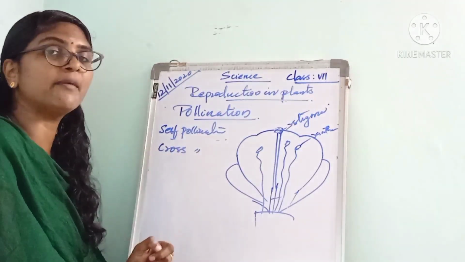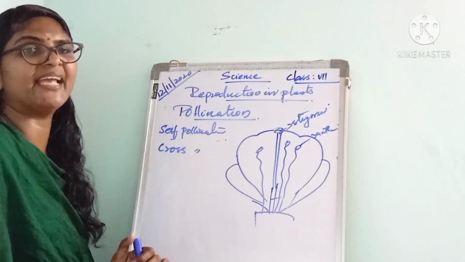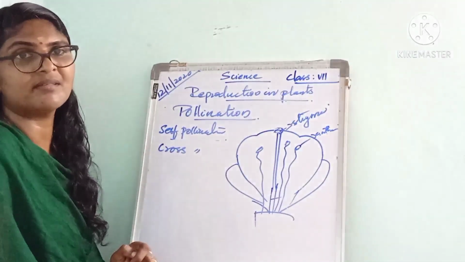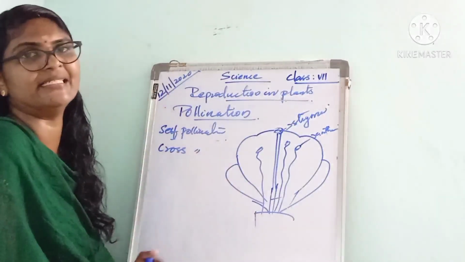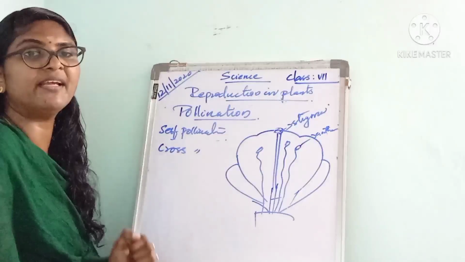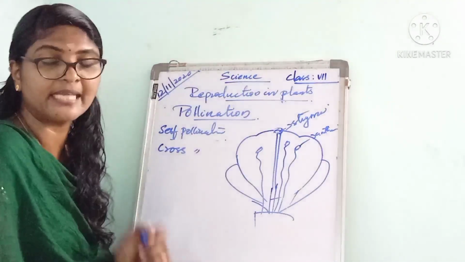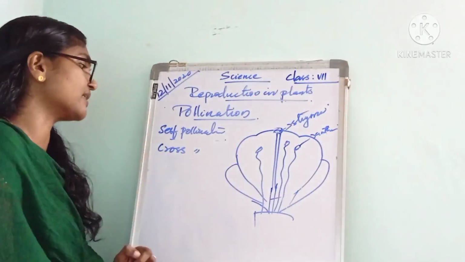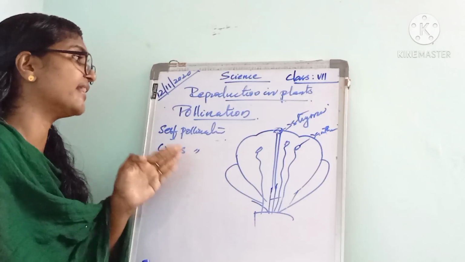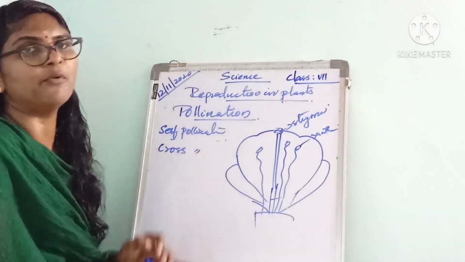But in cross-pollination, the pollination takes place between the flowers of two plants of the same kind. That is about pollination and its two types, self-pollination and cross-pollination.